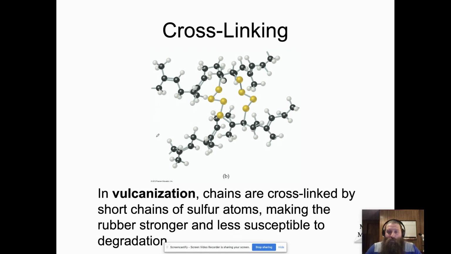So we vulcanize it. In vulcanizing, we add sulfur to the rubber, and this is going to cross-link the rubber chains. It makes it a little bit tougher, or a lot tougher. It makes it less likely to break down. And so you take something that's really soft, like natural rubber, and you're able to make something like a tire for a car.